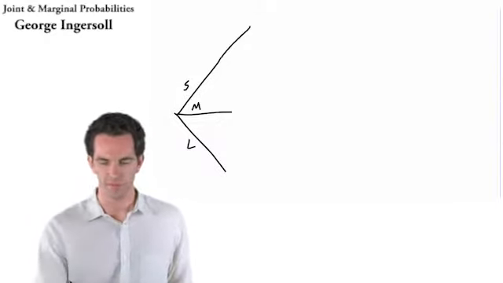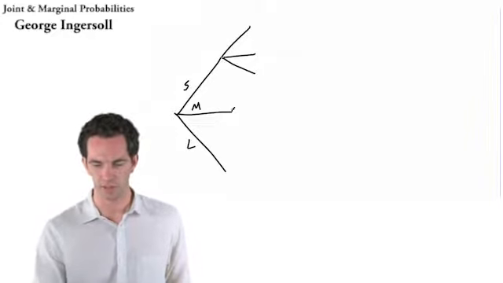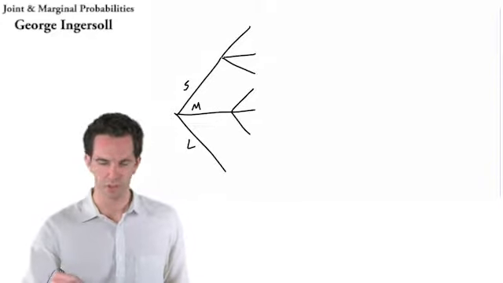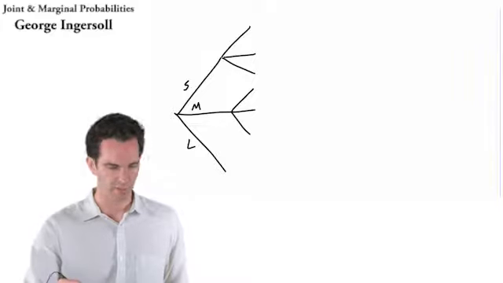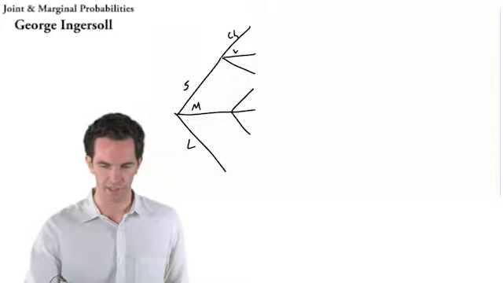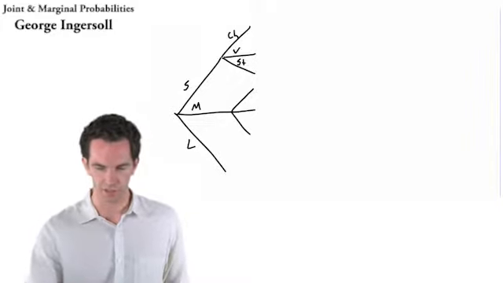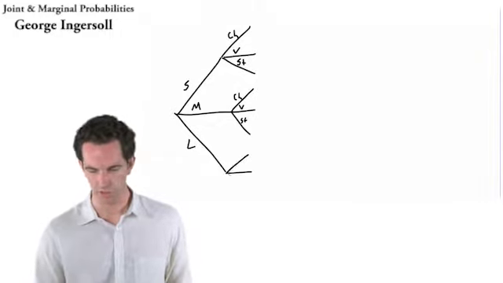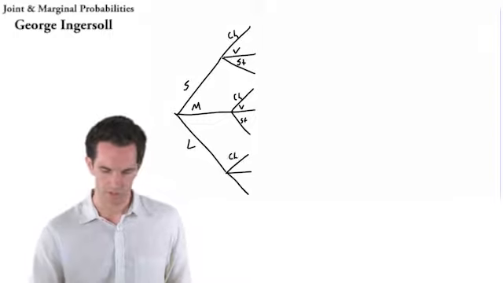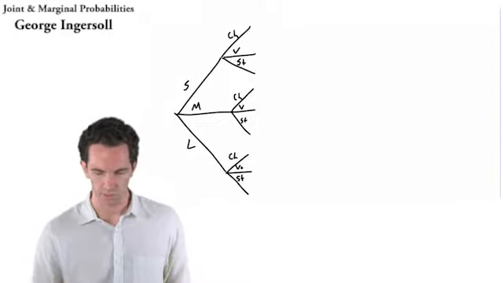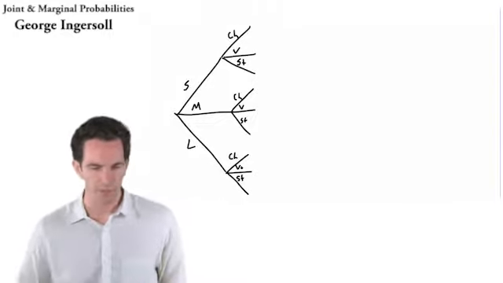We're going to have branching again, but now it's going to go into, we'll say, chocolate, vanilla, and strawberry. Chocolate, vanilla, strawberry, chocolate, vanilla, and strawberry. I'm not going to fill out this whole tree.